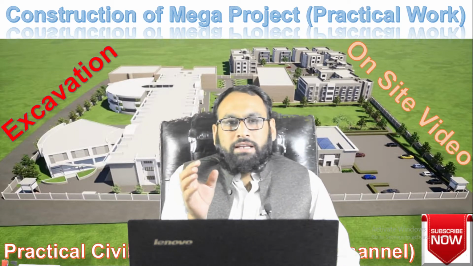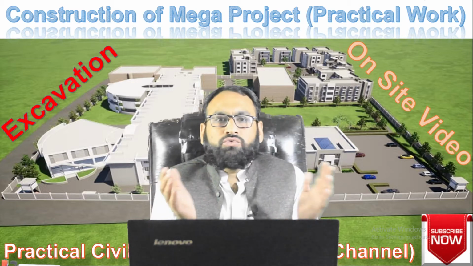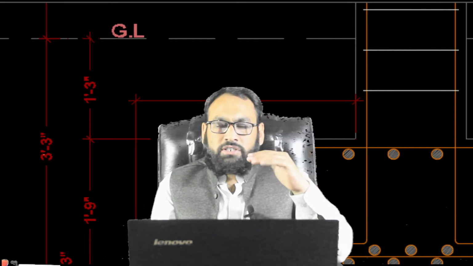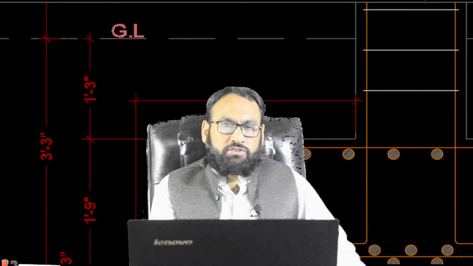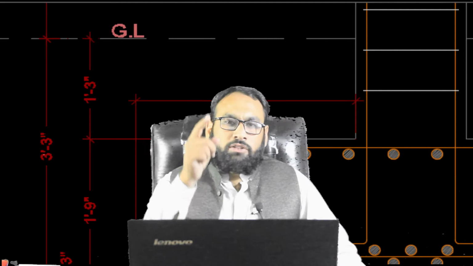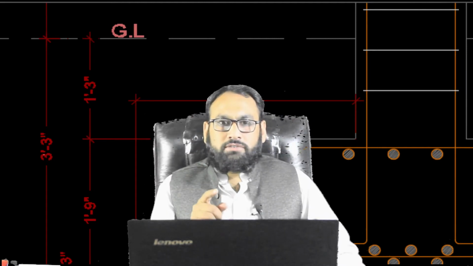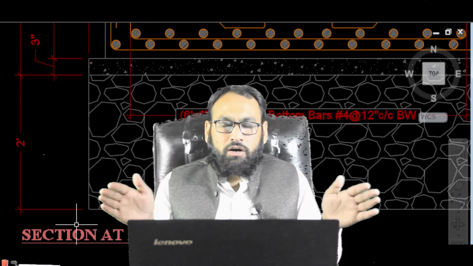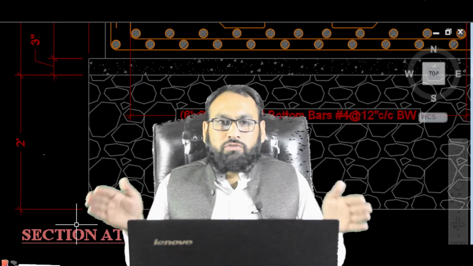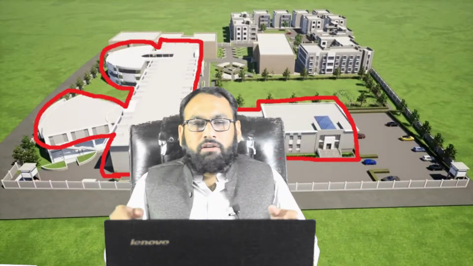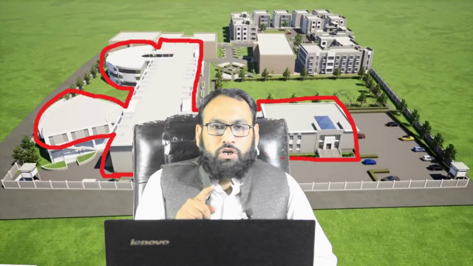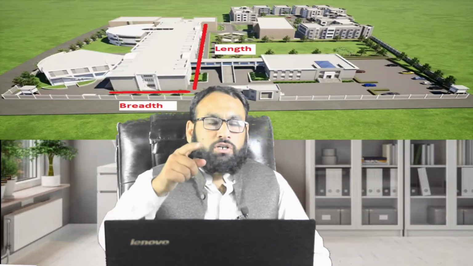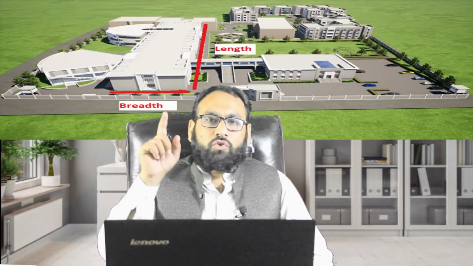So how can we excavate the earth and how much can we excavate? As per design, the total depth of the excavation is 5 feet and 3 inches from the ground level. We will excavate the total ground which has been demarcated for this particular project: the total length, the total width, and the total depth.